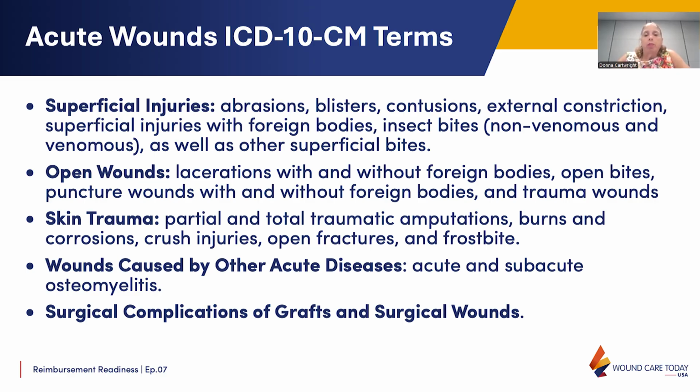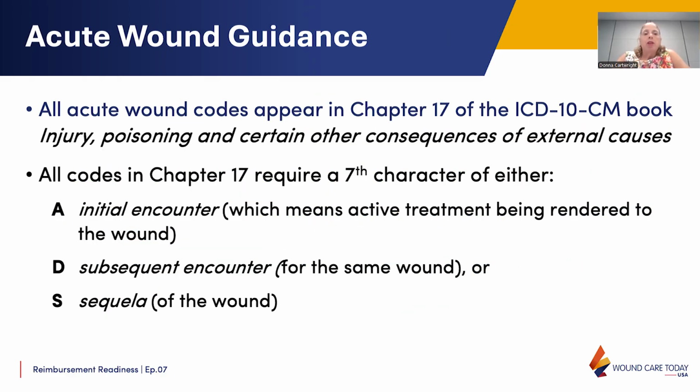I wanted you to be sure to get a clear understanding of all of these terminologies that you will find regarding acute wounds. All acute wound codes appear in Chapter 17 of the ICD-10-CM book, injury, poisoning, and certain other consequences of external causes. The key word there is external causes, because acute wounds are caused by some external force on the body.